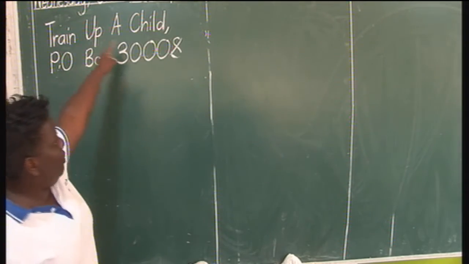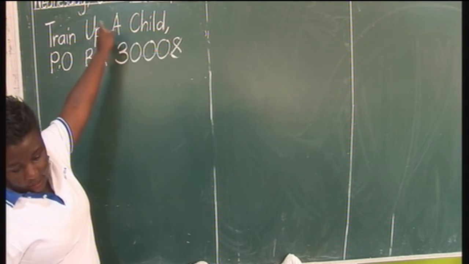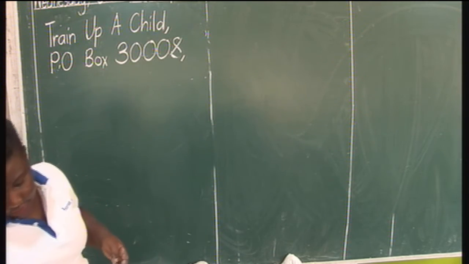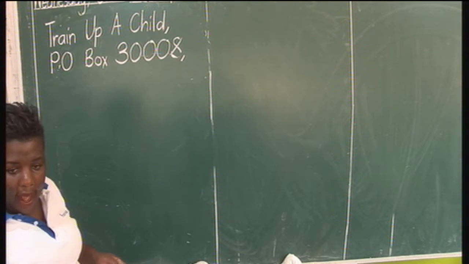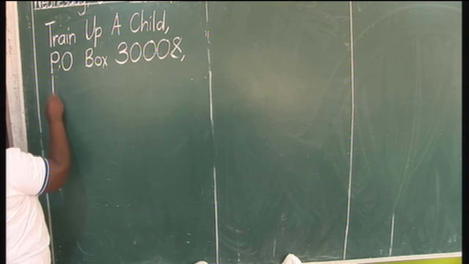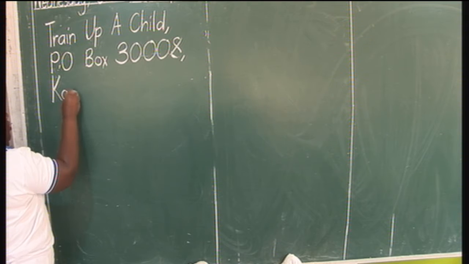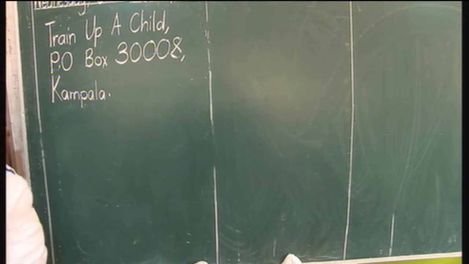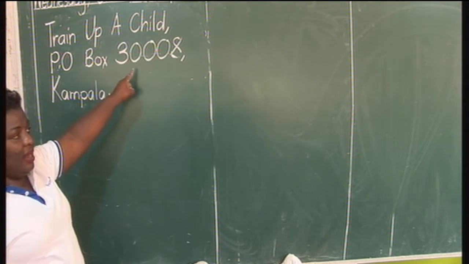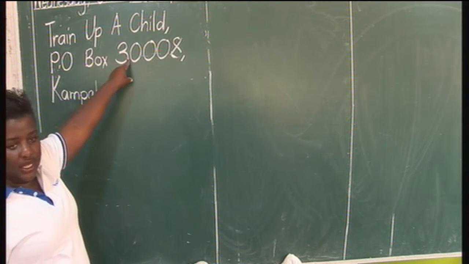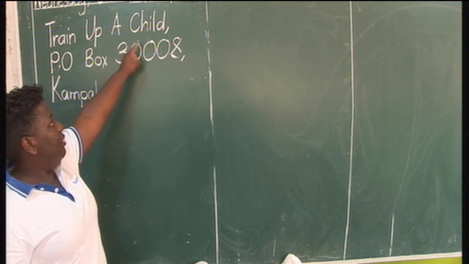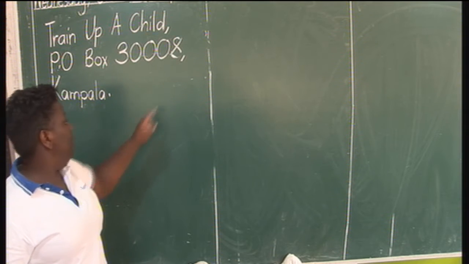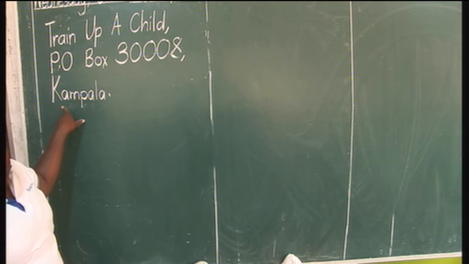So we have Train Up a Child, comma, P.O. box, you put a comma, and then Kampala. Then you put a full stop. So that's one way of using a comma. Like we've said, Train Up a Child, comma, P.O. box 30008, comma, then here Kampala, we put a full stop.